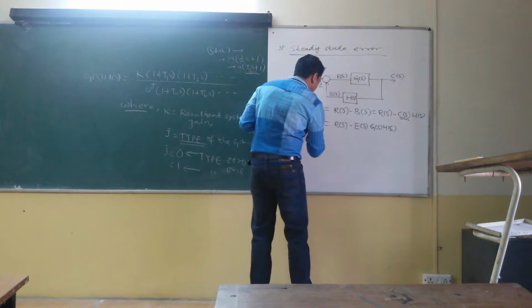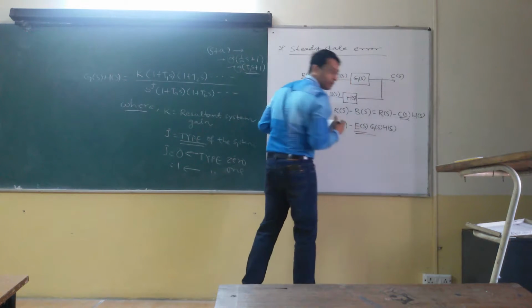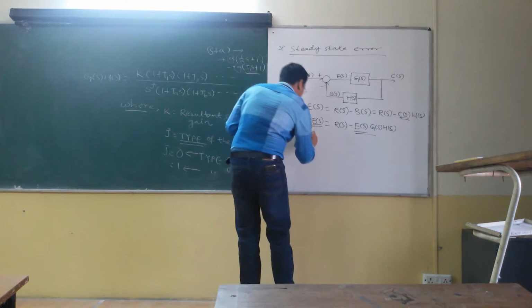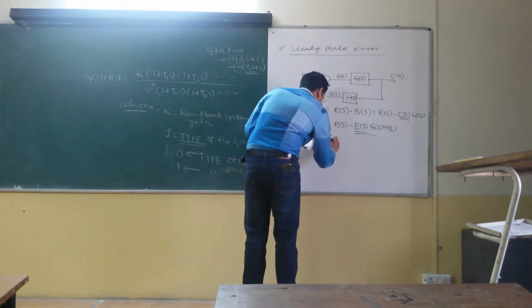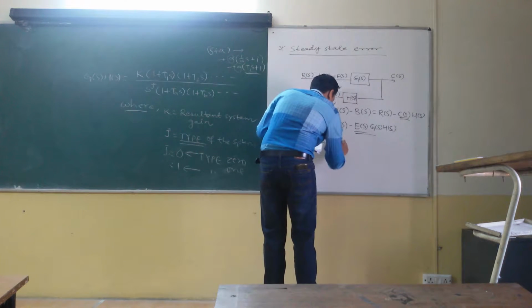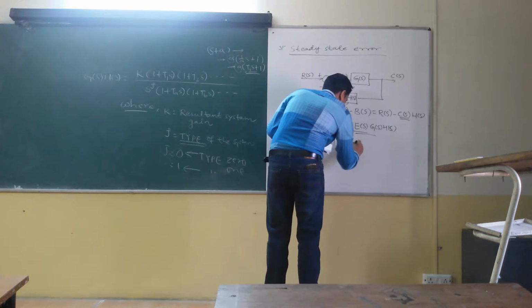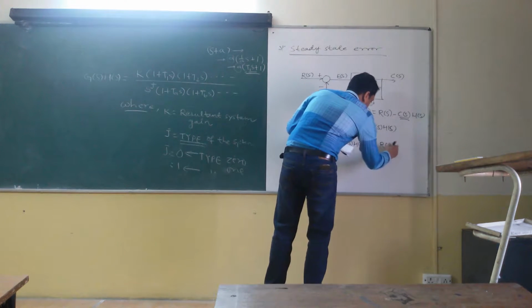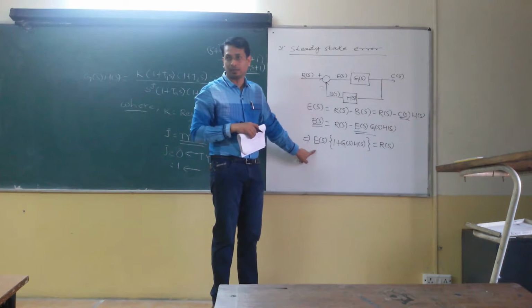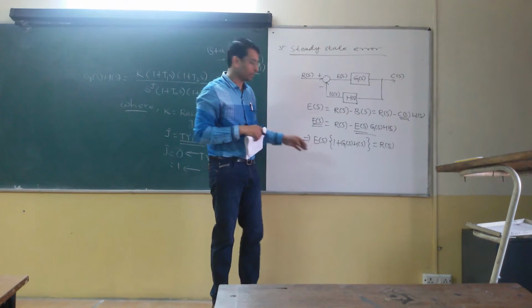So take this E(s) term to one side. So E(s) multiplied by 1 plus G(s)H(s) will be equal to R(s). Correct up to here? Good.